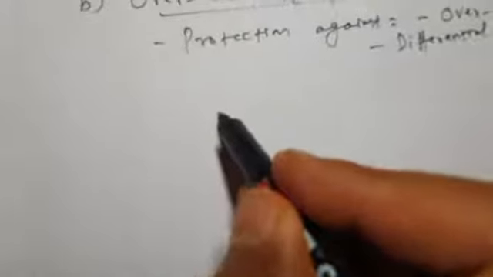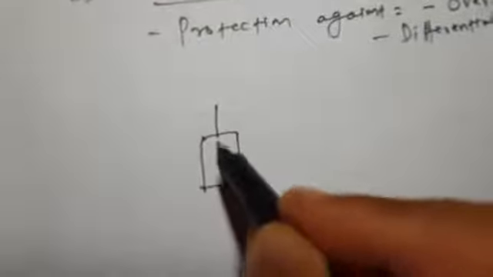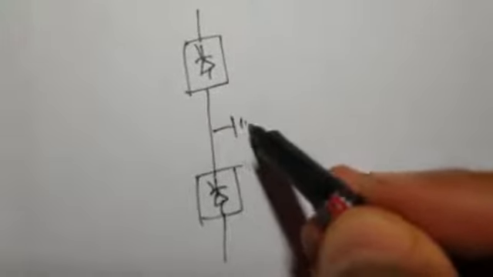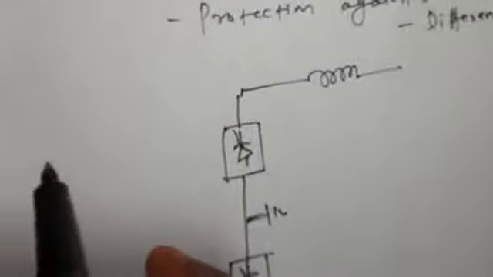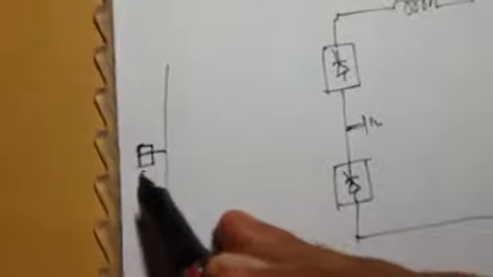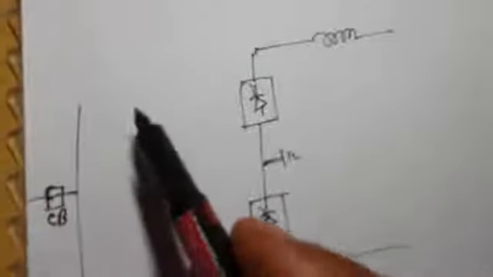Let me show you the schematic diagram of a simplified overcurrent protection. We will again take a bipolar converter system. This is your bipolar HVDC link. This is the AC side, and on the AC side we have a circuit breaker for overcurrent protection.